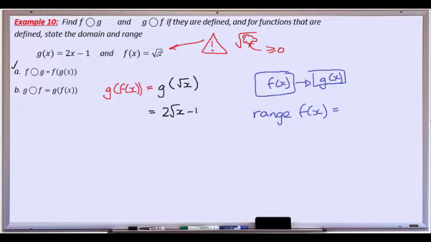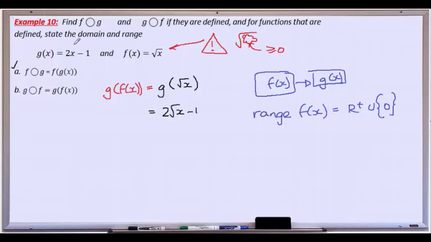That doesn't break the function down. The composite only breaks down when this middle part here doesn't work. Now, whatever number we put into f of x, we're going to end up with the range. We don't have a positive negative, but that doesn't matter. We're going to end up with positive numbers and 0 coming out of f of x.